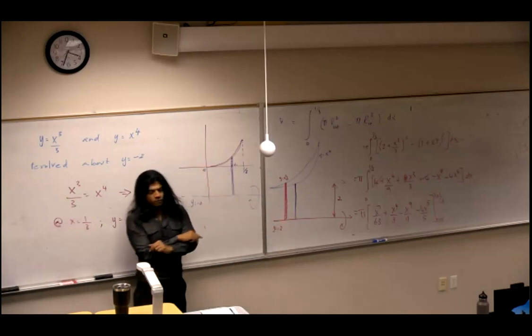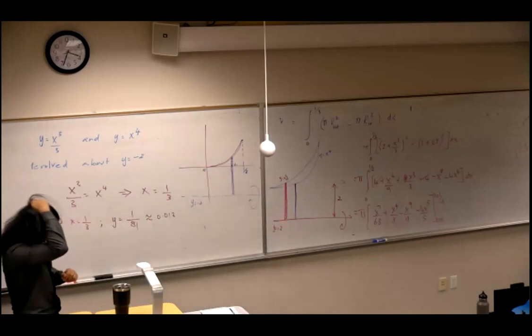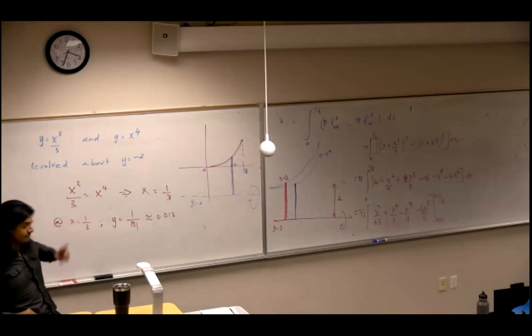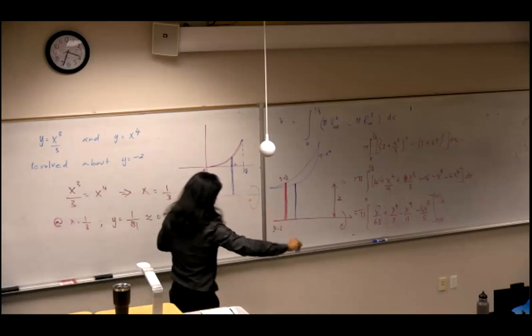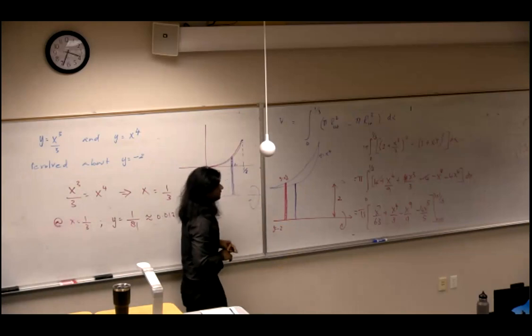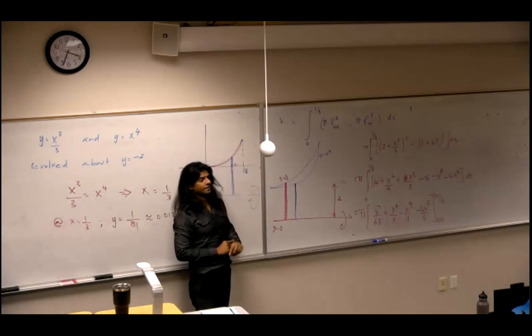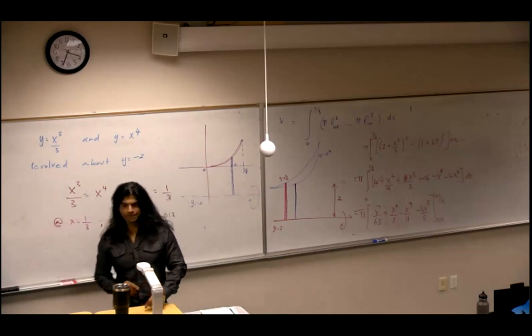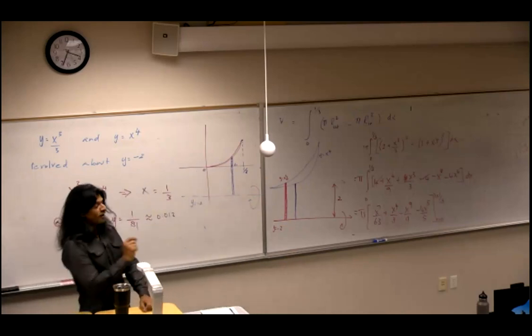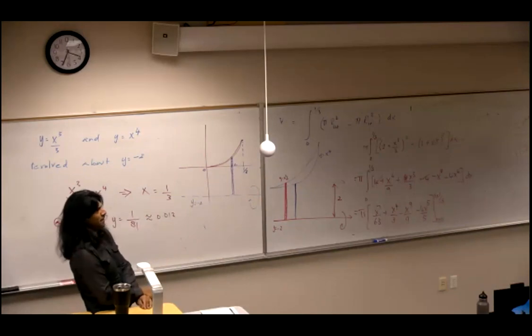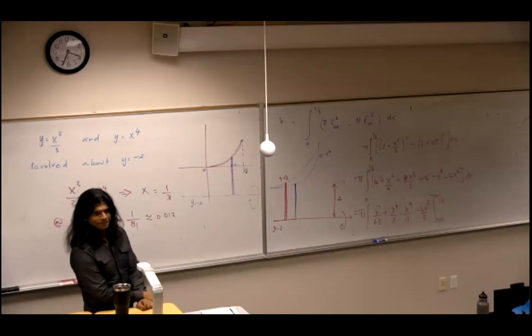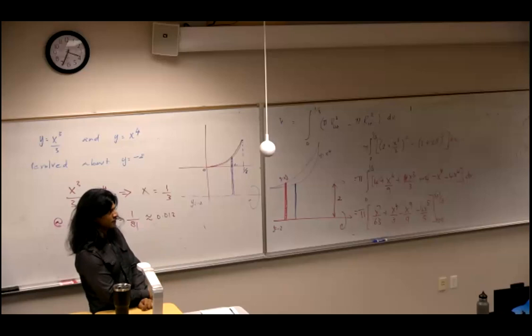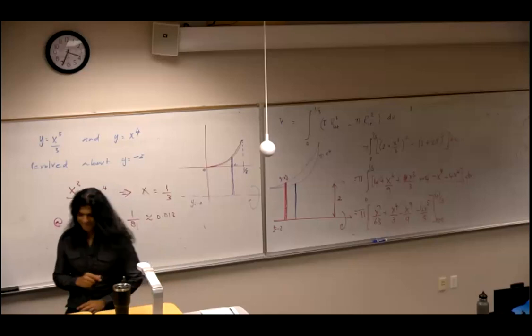If you're going to revolve about the y-axis, the strip would be horizontal, and any other axis of revolution parallel to the y-axis would follow the same logic. All that would change is the radius. Good? There is a reason why I've repeated it for maybe the 17th time. Because it's the next method that's coming up.